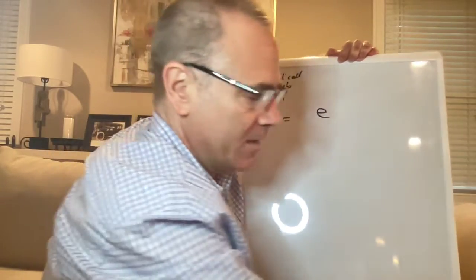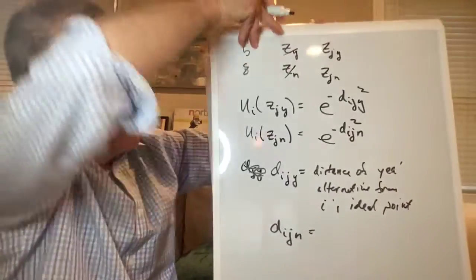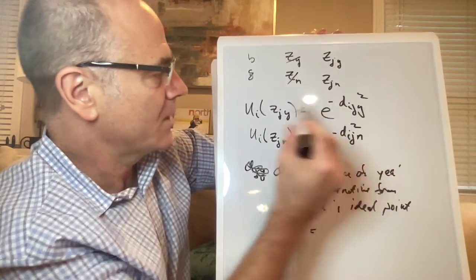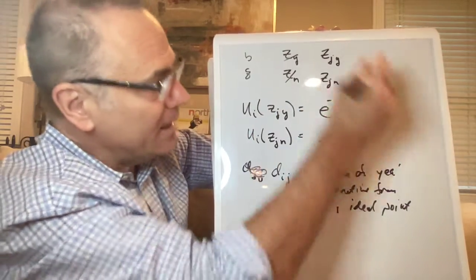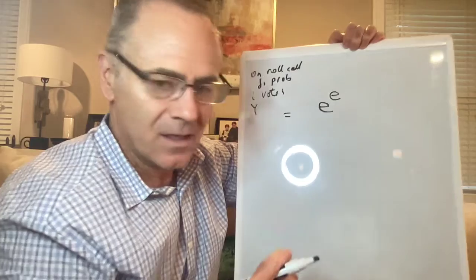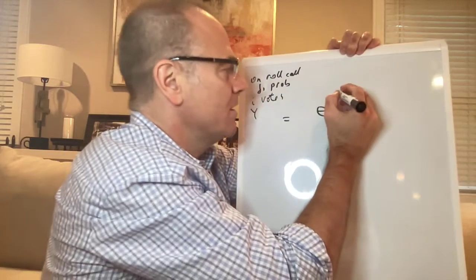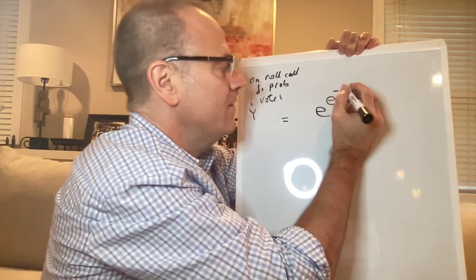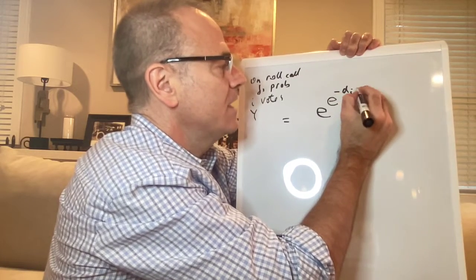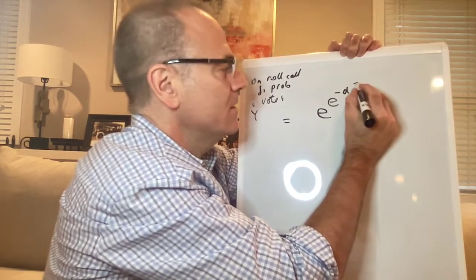E to the UIB. Now, UIB is this term, so it's E to the E to the negative DIJY squared.